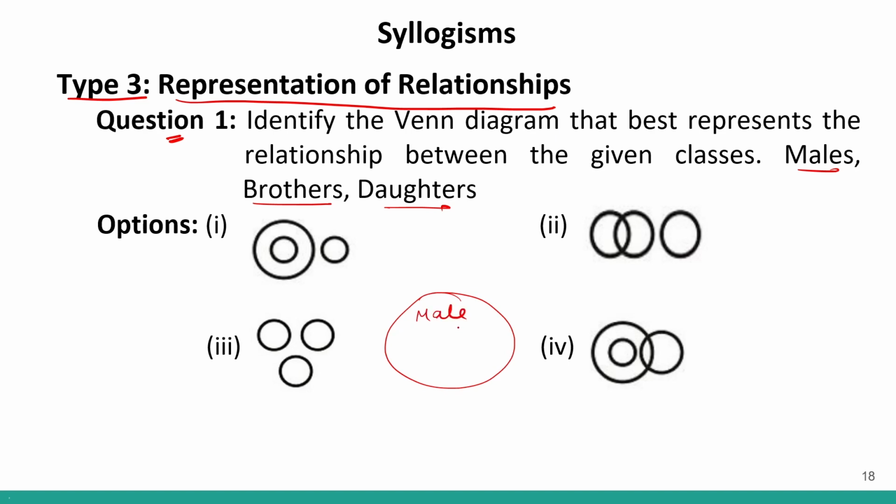Inside male, there will be some brothers, and daughters is a separate entity because daughters come under female and will not overlap with either brothers or males. This will be my Venn diagram, given in option number 1. So option number 1 will be my correct answer because it correctly depicts the relationship between males, brothers and daughters.